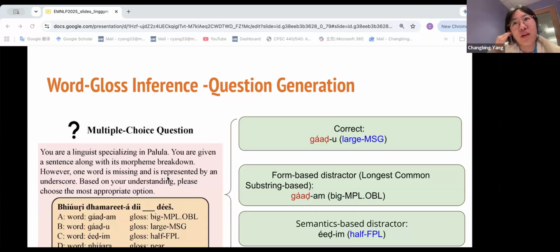Another one I can think about is a sentence formation experiment.